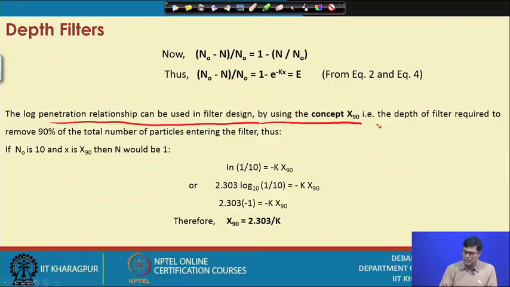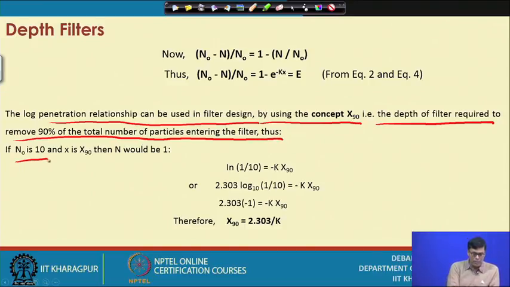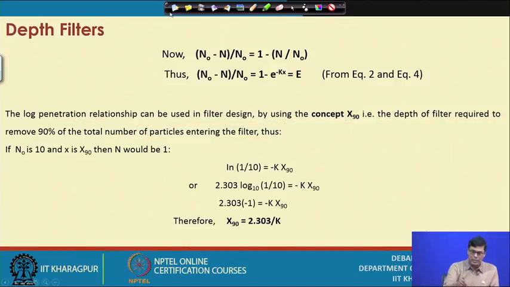What is x90? The depth of the filter required for the removal of 90% of the total particles entering the filter. Now, suppose N0 is 10. So, at x90 the N should be 1, am I right? Then our relationship is ln(N/N0) = -k x90. So, we can write x90 equal to 2.303 by k. So, we can easily find out the value of x90.